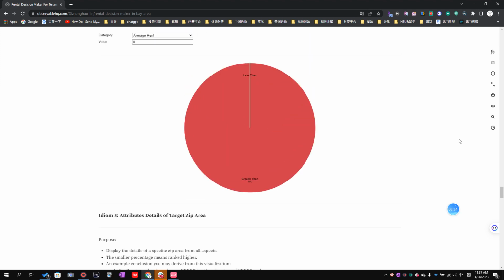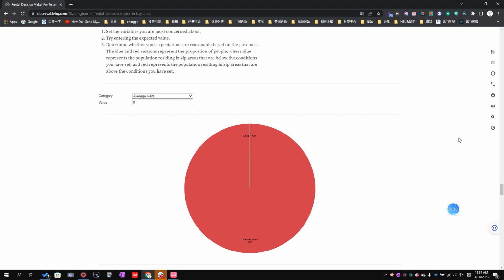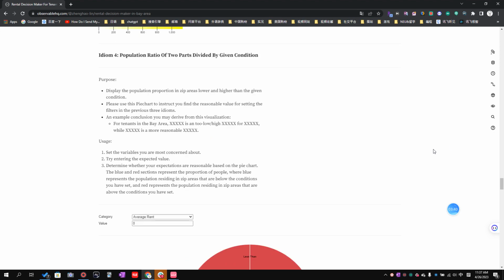So the workflow to use my decision maker here is, for example, the fourth one, a population ratio of two parts divided by a given condition. This pie chart is in place for helping people who have no idea what the housing market in the San Francisco Bay Area looks like.